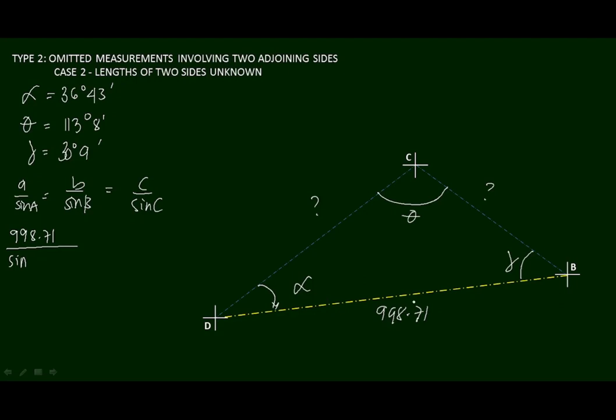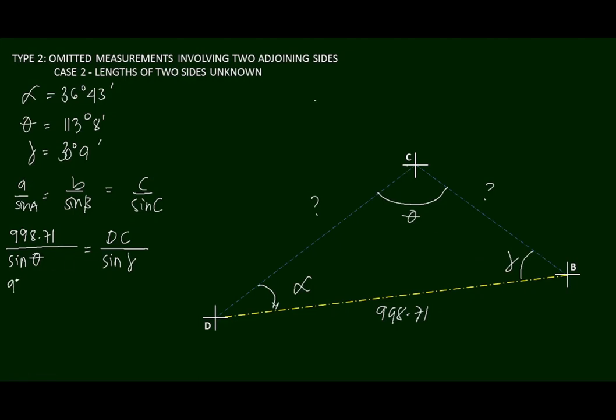Yung angle na opposite ni 998.71 ay si theta. Tama? That is equal to, I'll make my side B as side BC over sine. Yung angle na opposite ni DC is your gamma.